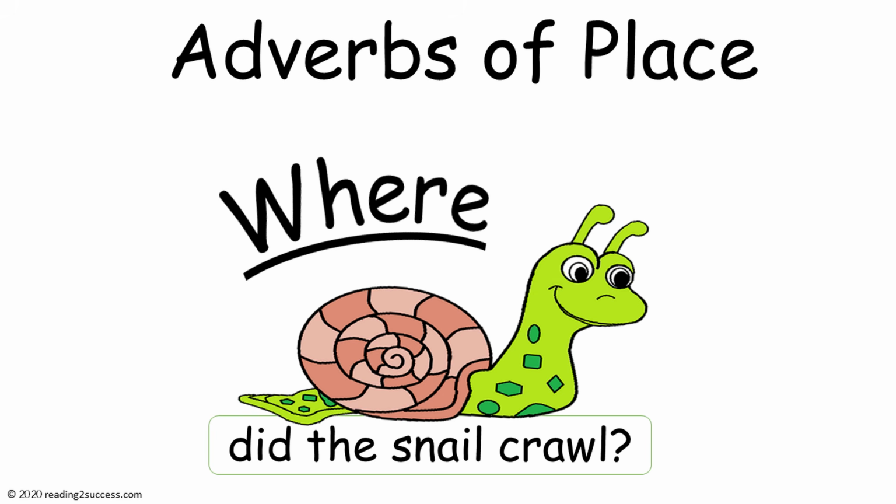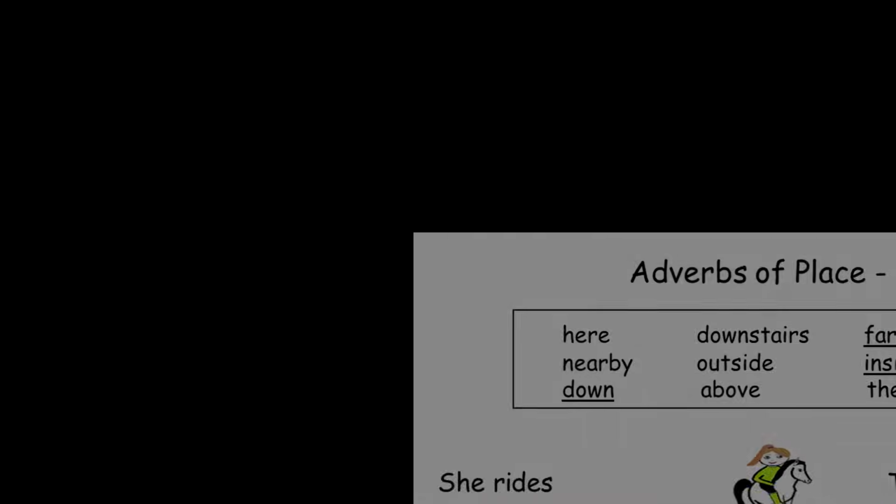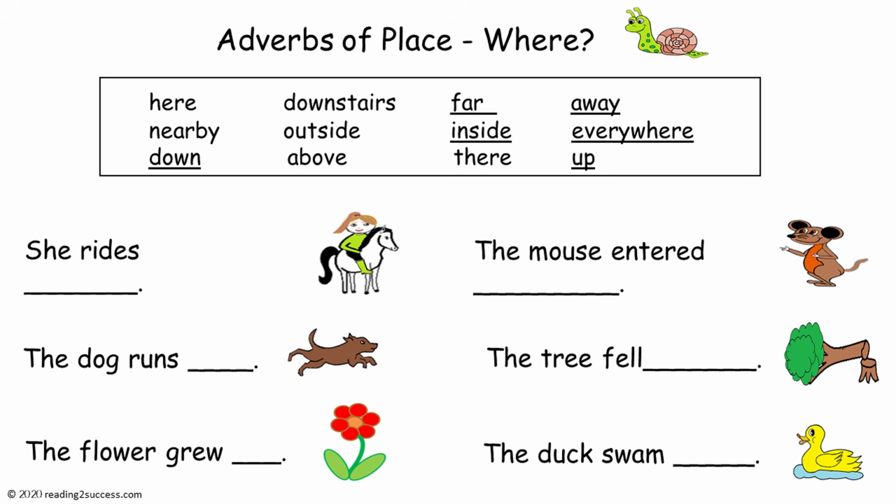Now kids will have the opportunity to work on the adverbs of place. They will answer where, as in where did the snail crawl? Now we're going to have kids complete each sentence by putting in the adverb of place, answering where. So we have 6 underlined adverbs that we're going to choose from: down, far, inside, away, everywhere, and up.